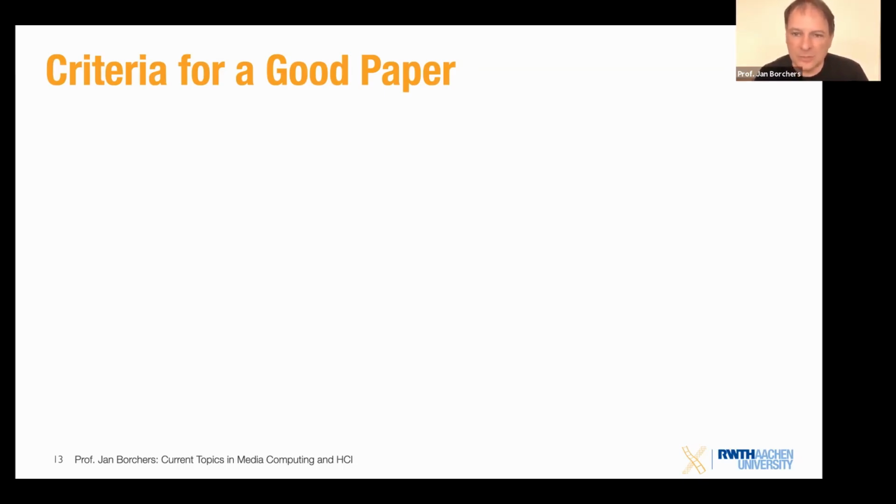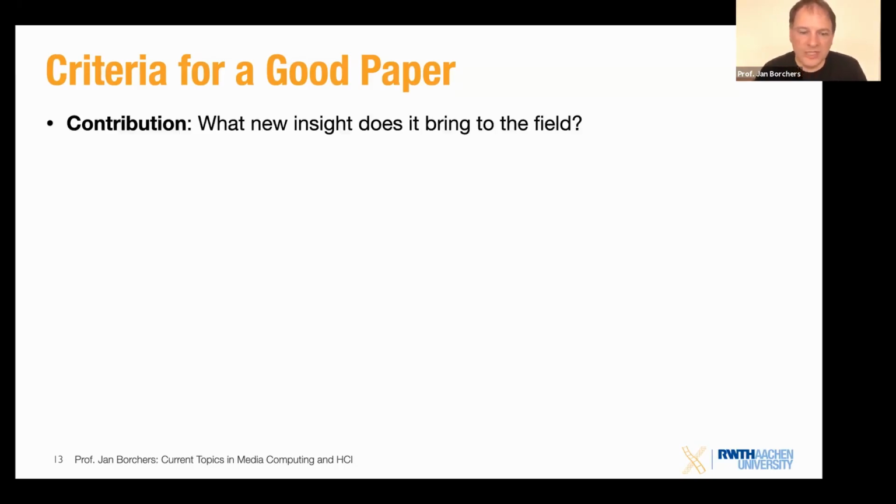So the key point of a good paper in HCI, but really in research in general, is of course its contribution. What is this new insight that this paper brings to the field? Right? That is the key criterion after which papers are evaluated.